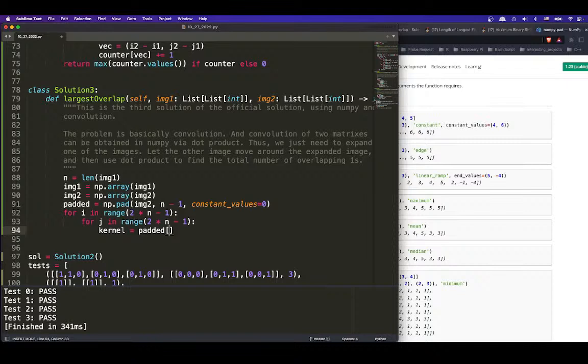And this should be the end position, right?